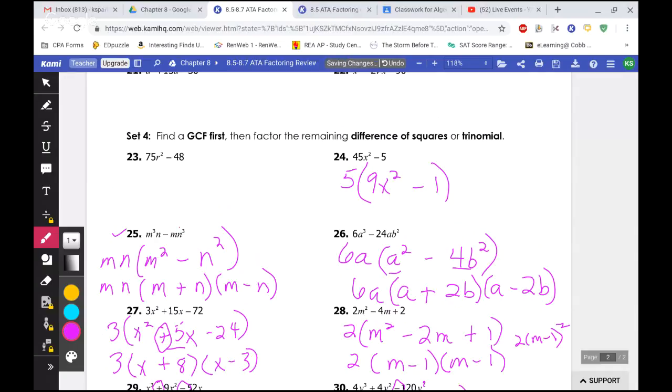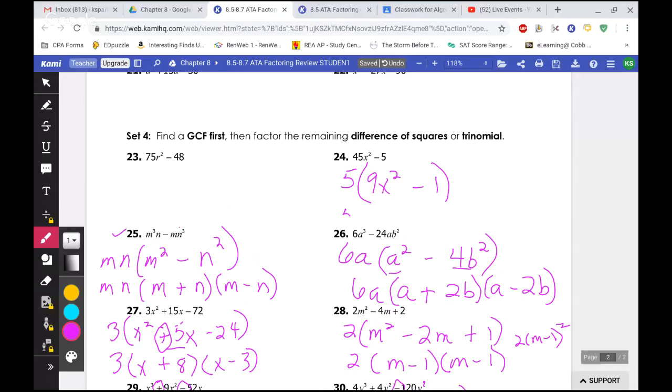And that crazy 1 is a perfect square. That's one of the ones that typically throws people off, but 1 is a perfect square because 1 times 1 is 1. So now 9x squared minus 1 is a difference of perfect squares.